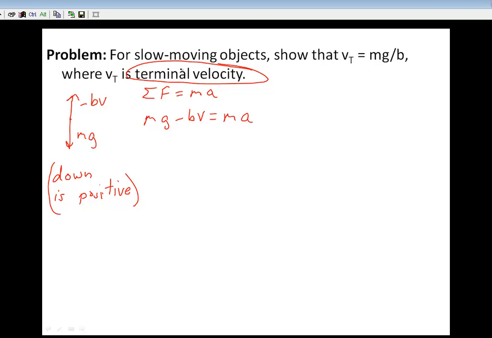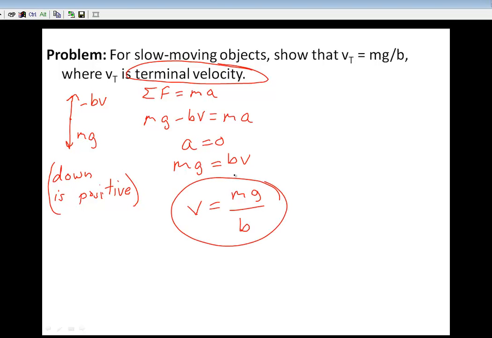You'll lose a point if you don't say this on your test: the acceleration is equal to 0. Therefore we get mg equaling bv. So the terminal velocity is mg over b. This comes up very often in solving these problems.